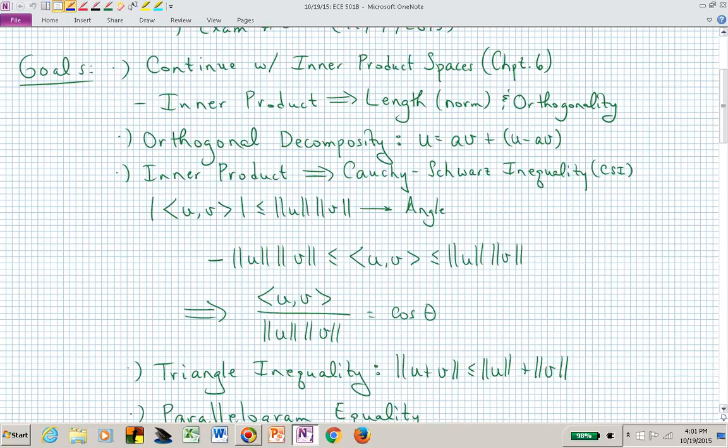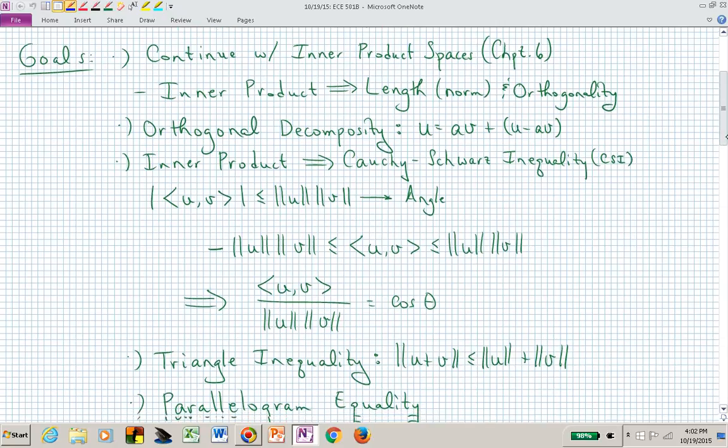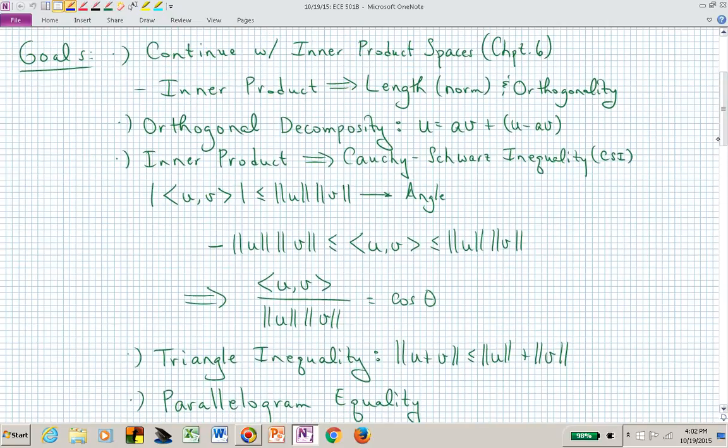But once we have this closeness, or angle, then we can speak of these vectors being orthogonal. And what we want to talk about today are a lot of these relationships that deal with vectors and maybe their relationships to one another.